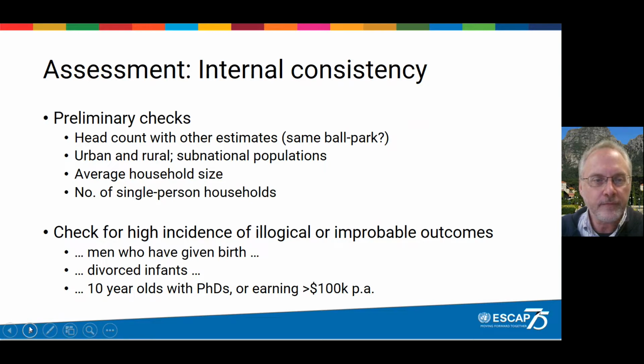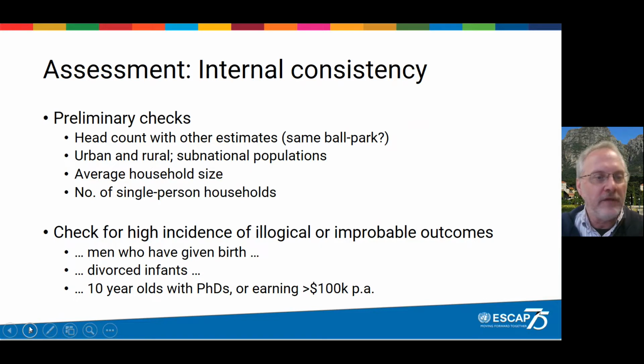But one would then, having established on a preliminary basis that the external consistency might be broadly plausible, need to check for the high instance of illogical or improbable outcomes internally in the data.